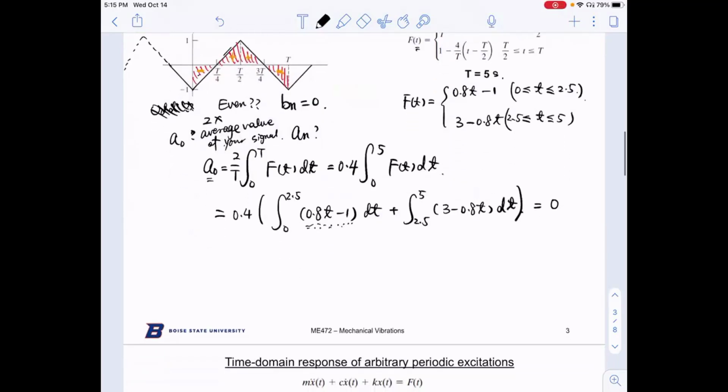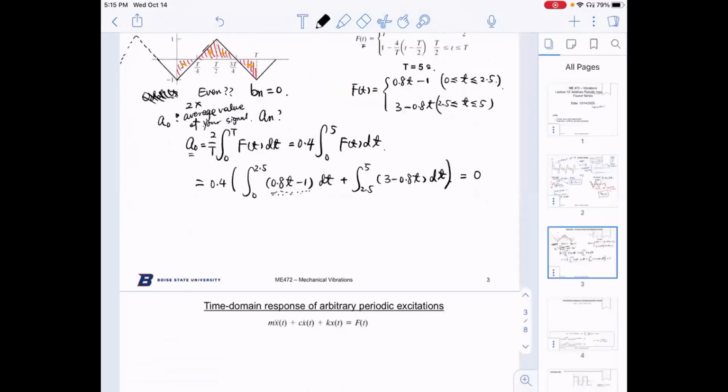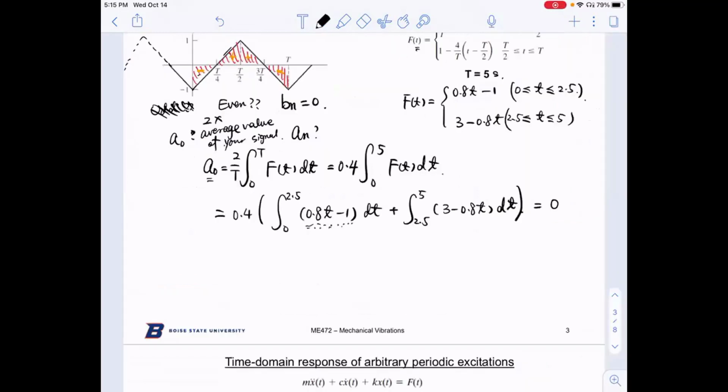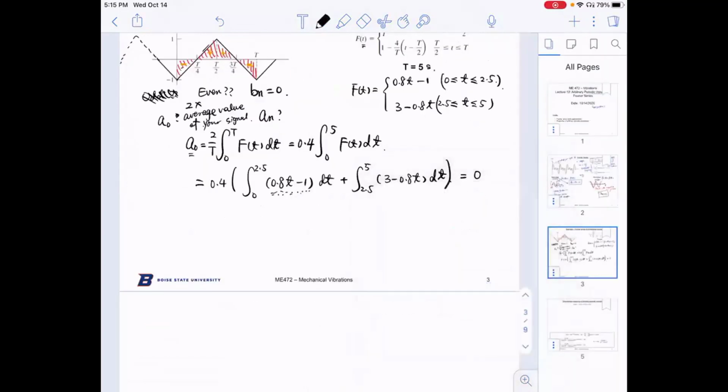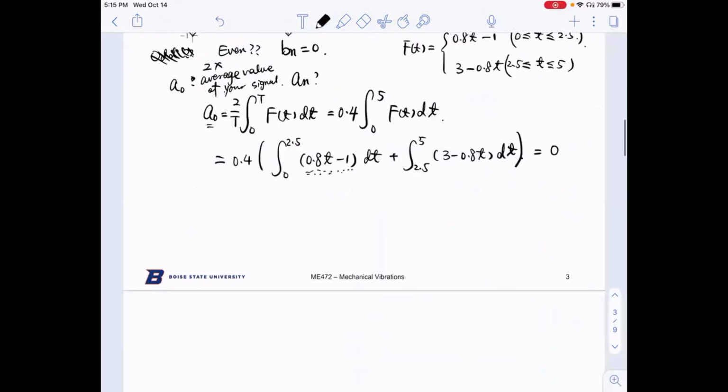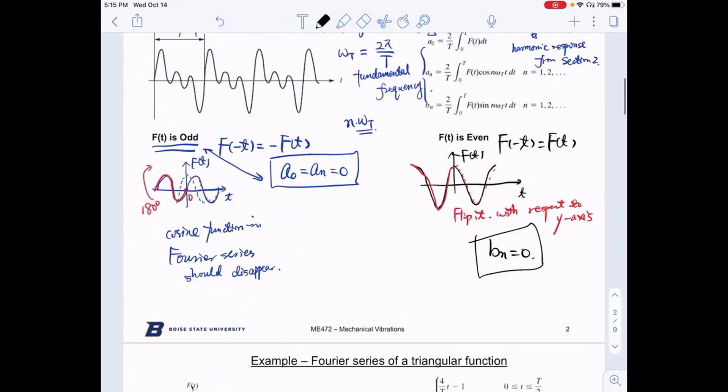But then how about, let me start another page. Then how about An? An is complicated.